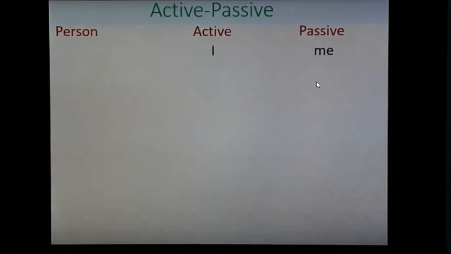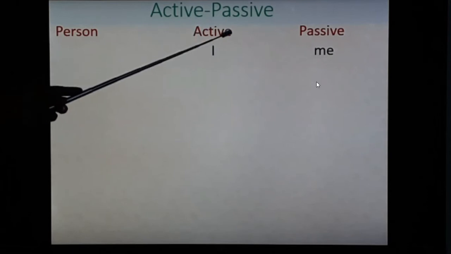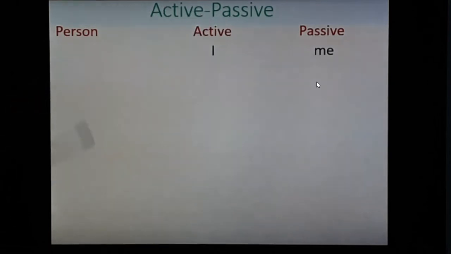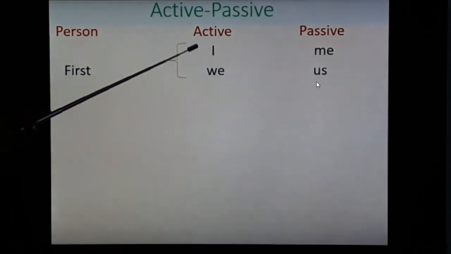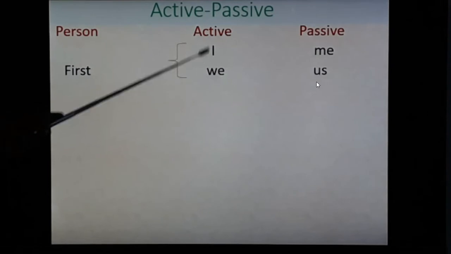Some changes in pronouns are required while turning active voice to passive and passive voice to active. So here, first person. In active voice if I is given, then you need to turn I to me in passive voice. Same way we to us.